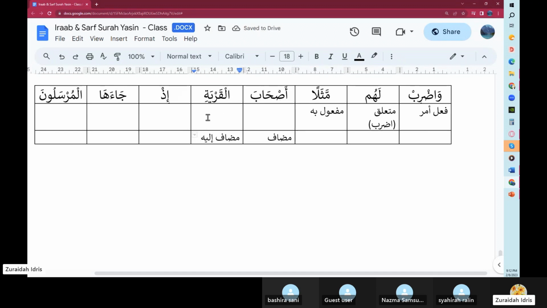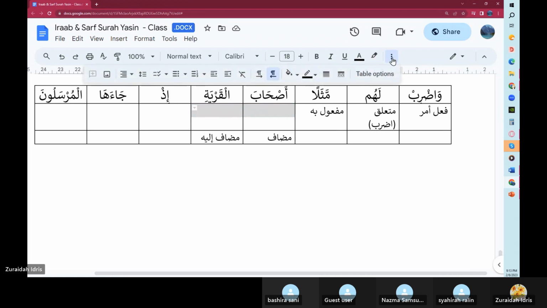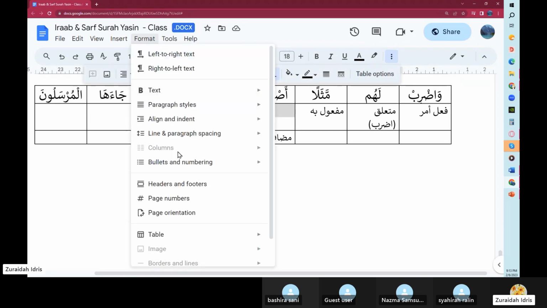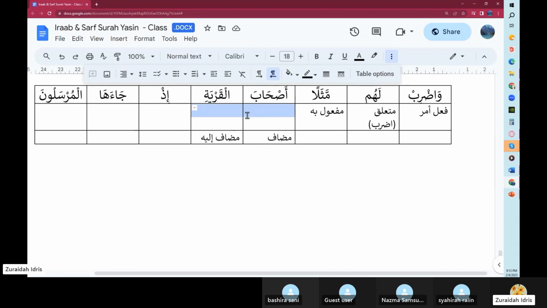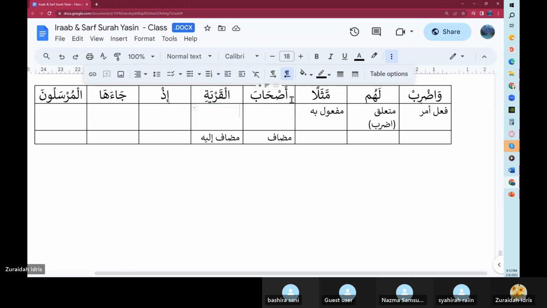Ashab al-qaryati. So what is this combination? How can I match this? When I try and figure this out, I should be able to merge this, but I'm not sure. Yeah, so what is this combination? What's the function of this idafa in this whole sentence?